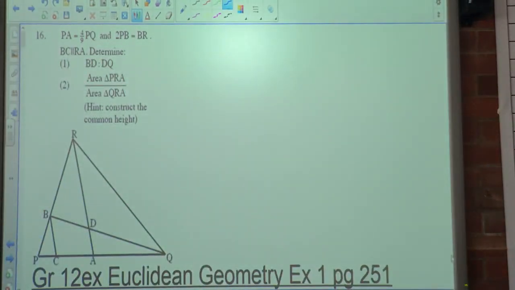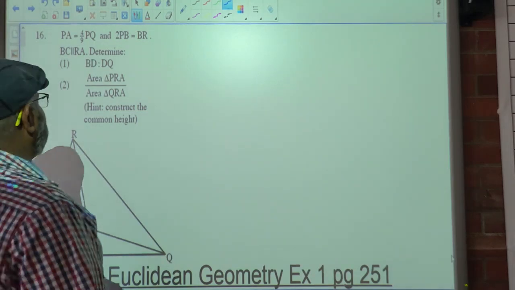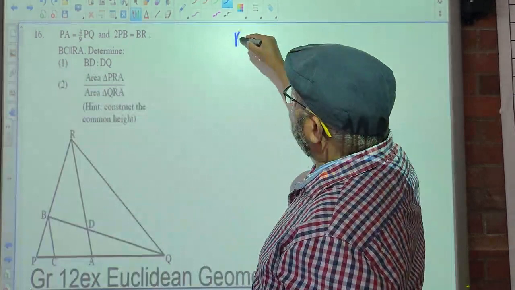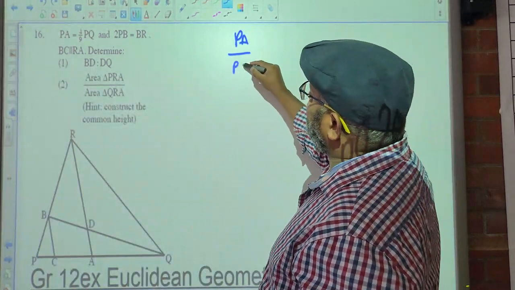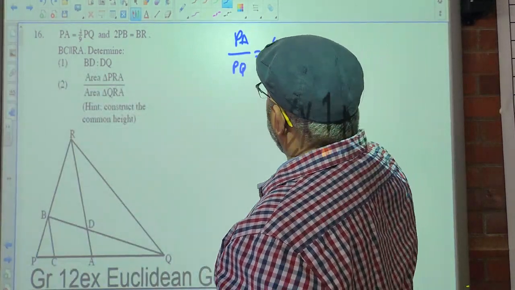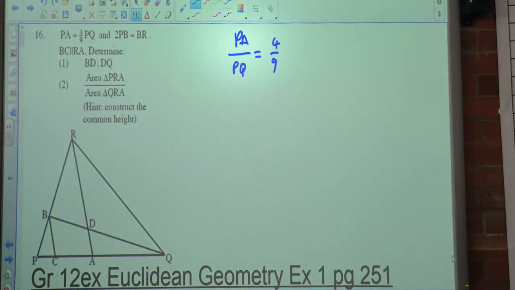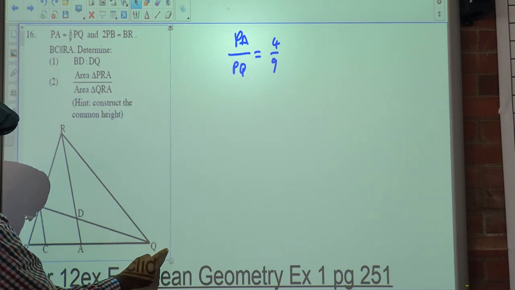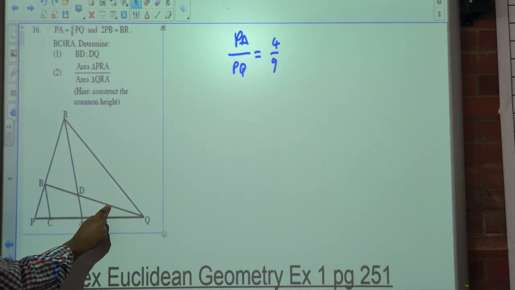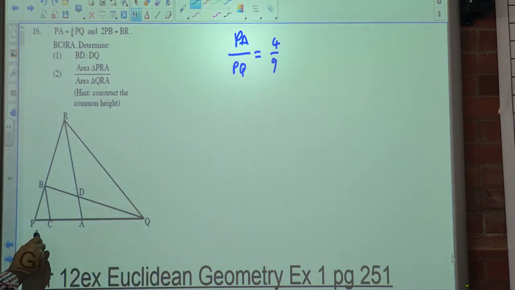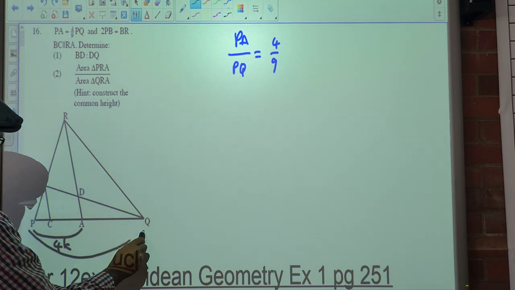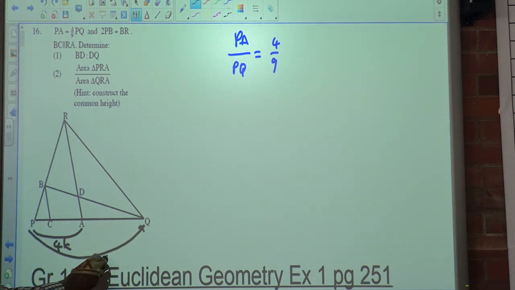Number 16. We are told that PA is equal to 4 over 9 PQ. So if that's the case, what do we know? PA over PQ is equal to 4 over 9. Alright, let's take that to the diagram. So PA is going to give you 4K, PQ 9K.